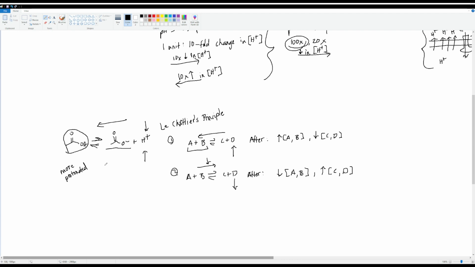And so if we're getting more protonated state, remember, you can only have 100% of your molecules here. Okay, so of our functional group, if we have 100 molecules and we're making more of our protonated state, by very definition, right, of 100%, we're getting less of our deprotonated state.